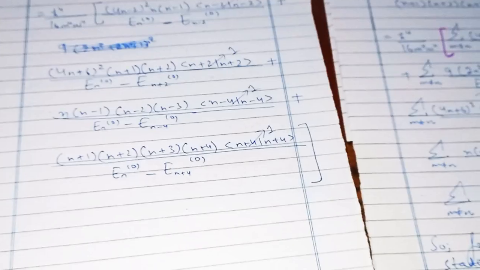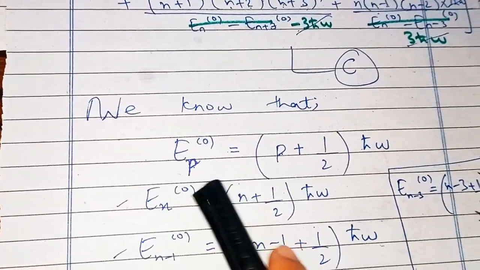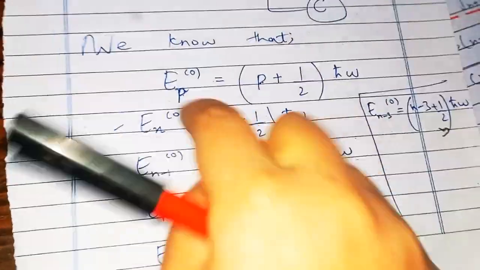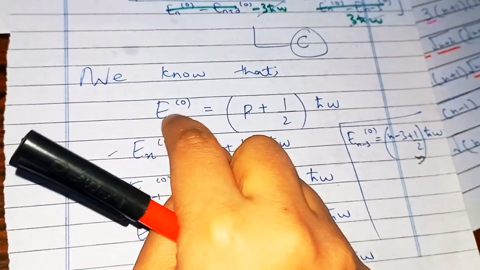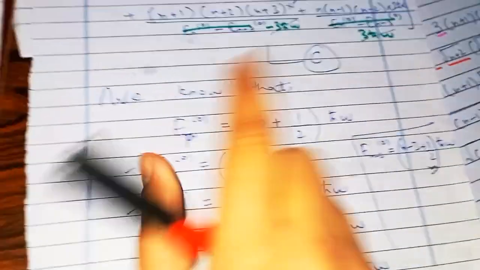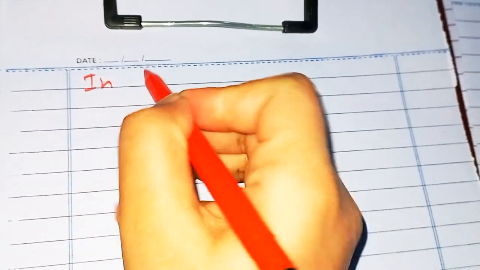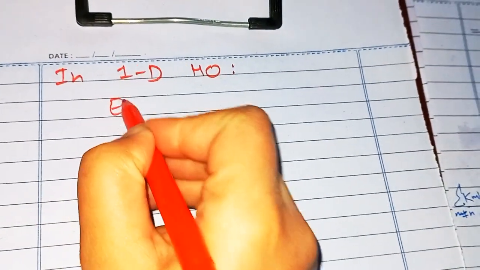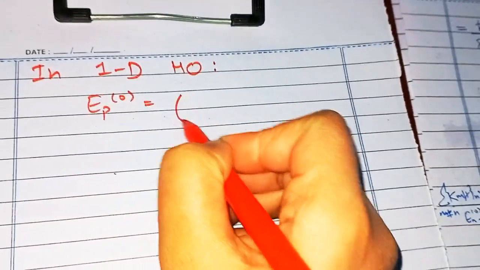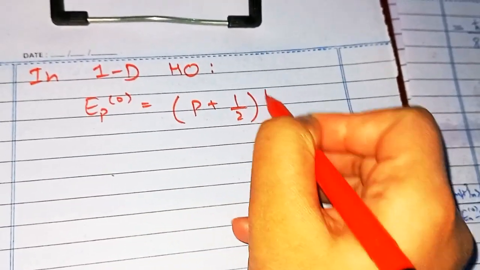And for energy expressions, we have this relation. Okay, that is the energy expression. En of 0 means the 0th order energy, which is actually the energy of the unperturbed harmonic oscillator. In a 1D harmonic oscillator, we have Ep of 0 equal to p plus 1 by 2 H cut omega.